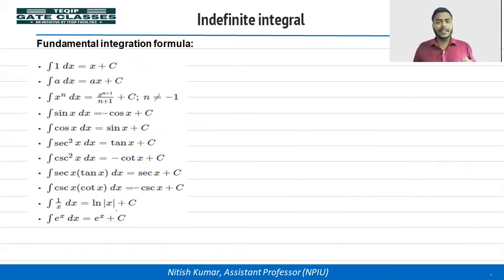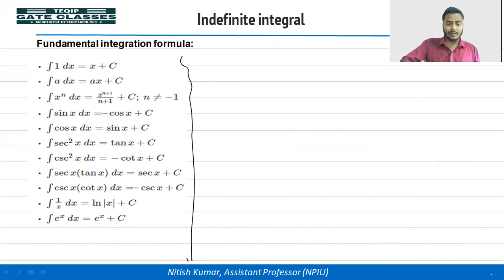Now the few fundamental integral formulas, so just note them down in your notebook. You have to remember them to solve integral questions in GATE from the integration topic. So how can we get this? Whatever is on the right hand side, just differentiate, and you will get the left hand side function.